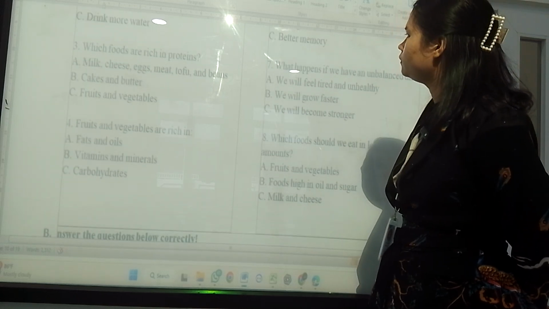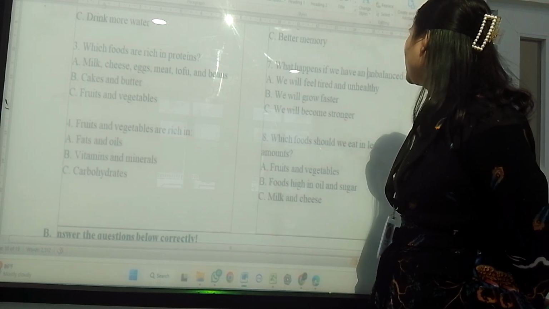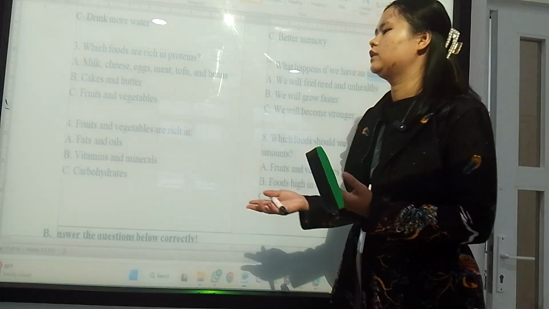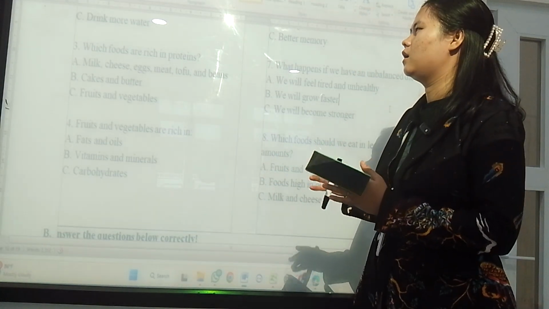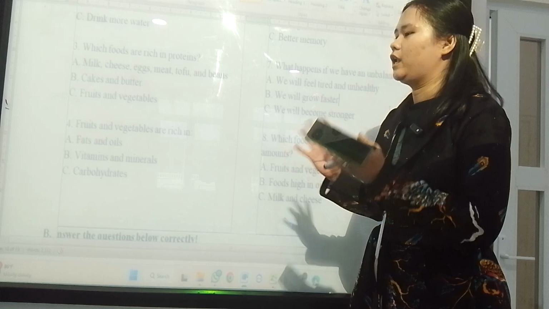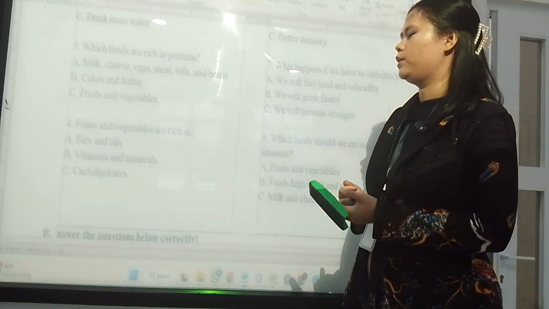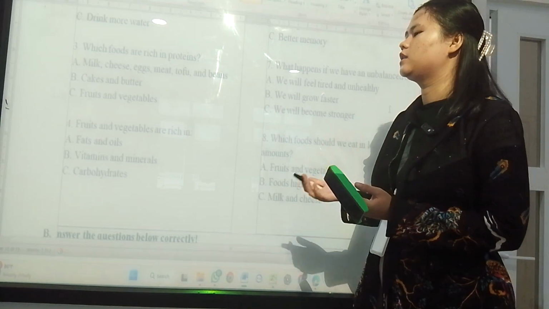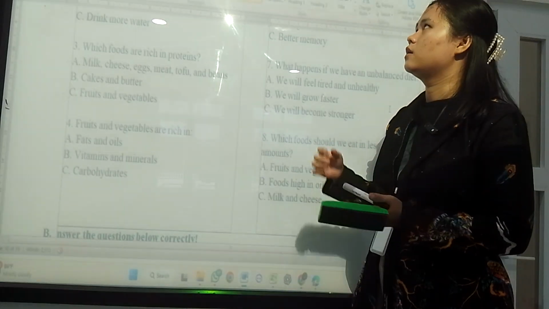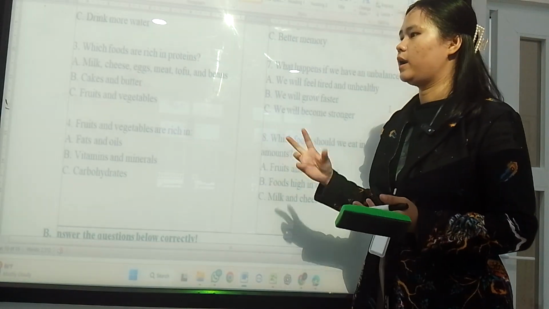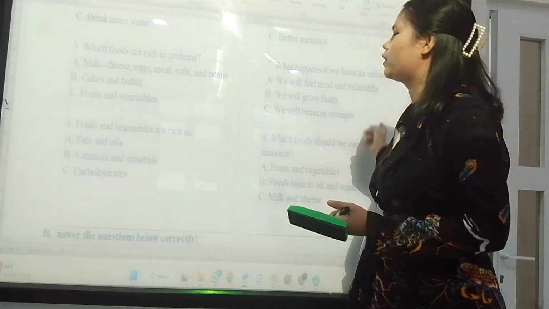Okay, so what is an unbalanced diet? An unbalanced diet is when the proportion is not balanced between the healthy diet, the balanced diet. A balanced diet is like the carbohydrate and the protein being balanced, like the plate in our book.